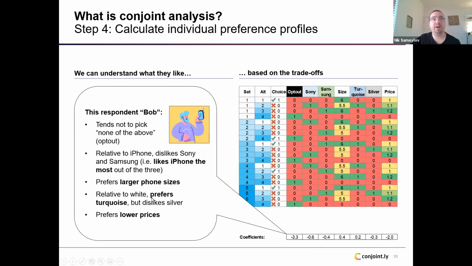They prefer white. Relative to white, they prefer turquoise because it's a positive coefficient, but they dislike silver, again, relative to white, not in absolute terms. And they prefer paying lower prices because the coefficient for price is negative. So this is already something we could infer from these coefficients.